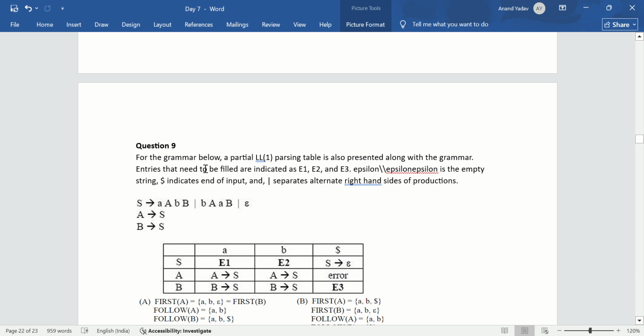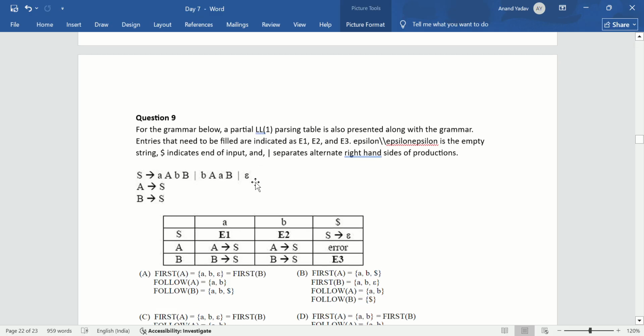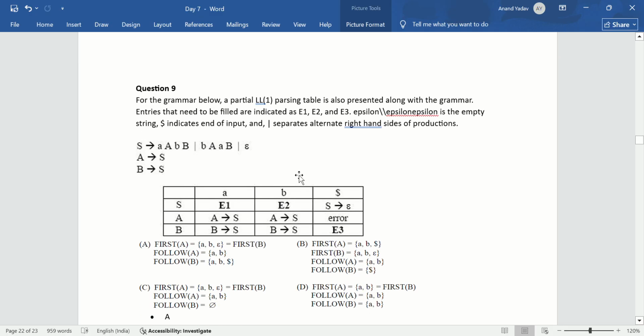question 9. For the given grammar below, a partial LL1 parsing table is also presented along with grammar entries that need to be filled or indicated. So this is the table, and this one is missing and this one is missing. So we will find the missing entries, what production is put here.